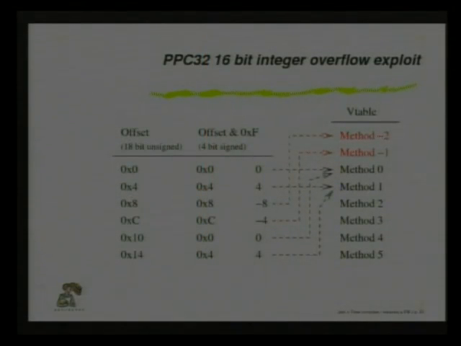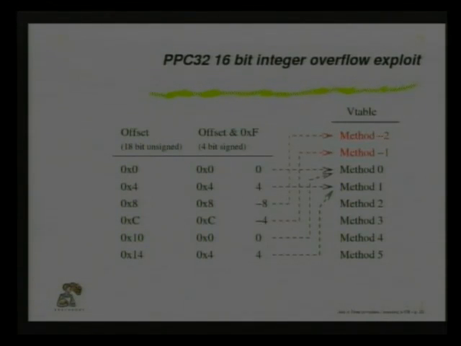So we see that for some offsets, they will keep the same value. Then for some other offsets, they will become negative. And then for the next set of offsets, they will become positive, but have some different value than was intended. And these offsets are then used as indices into this V table.